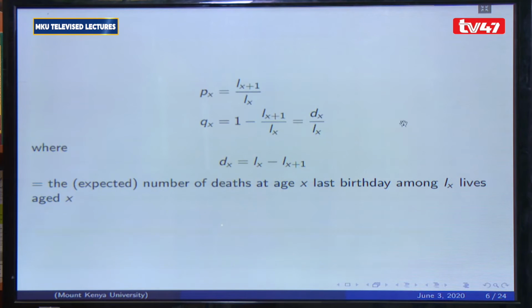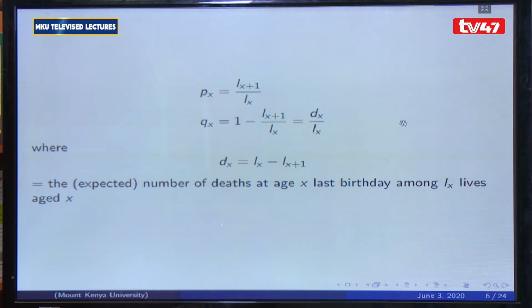From the actuarial table, this is how we work out p subscript x, and it is given by l x plus 1, the number of survivors at age x plus 1, over the number of survivors at age x. q x is simply given by 1 minus this, which is p x.